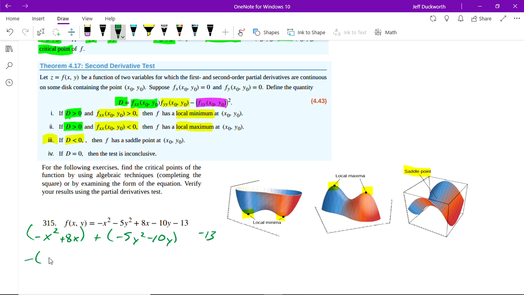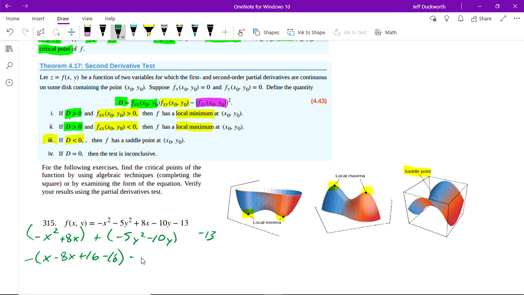Negative 8 divided by 2 is going to be negative 4. Square that, it's 16. So it's going to be x squared minus 8x plus 16 minus 16. So that first 16 is going to go towards squaring that. And the second one, we're going to distribute with the negative and pull it out.